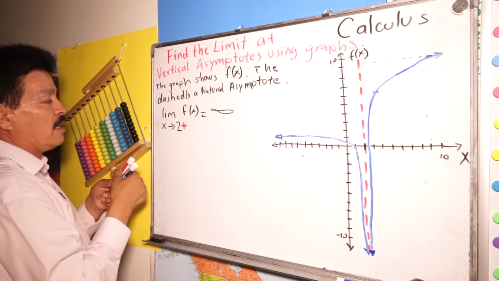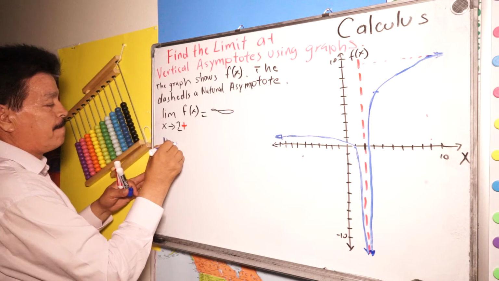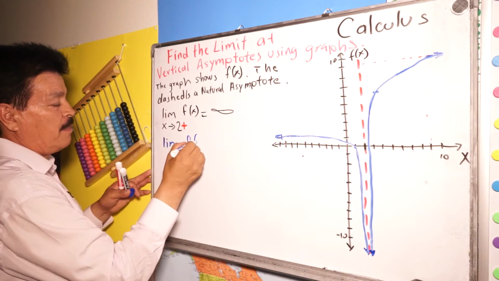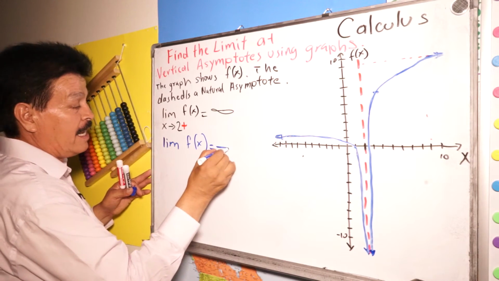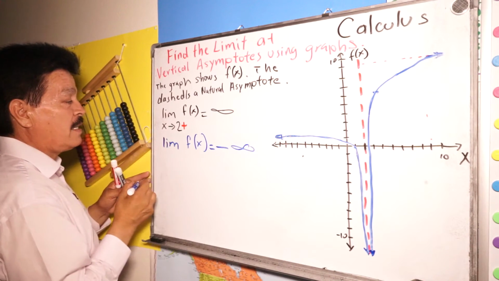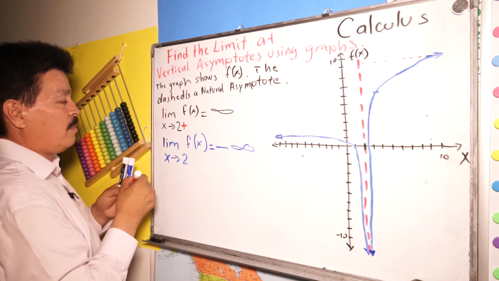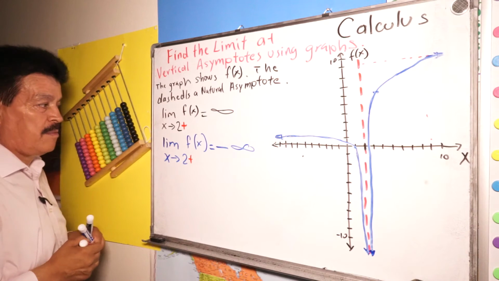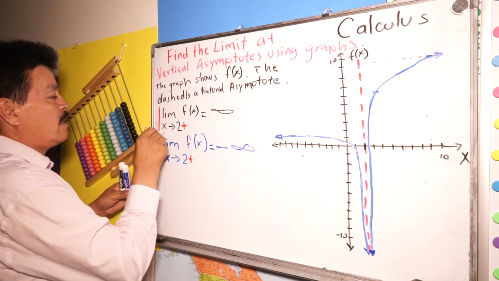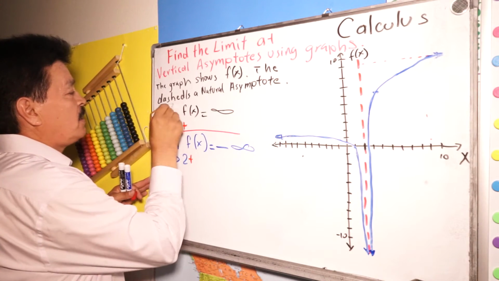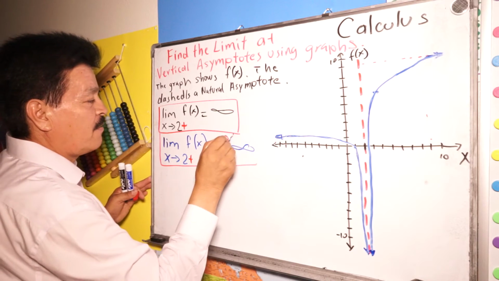The other possible answer could be the limit of f of x equals negative infinity, also as x approaches 2 from the right. Both are right-hand, but one answer could be positive infinity and the other negative infinity.